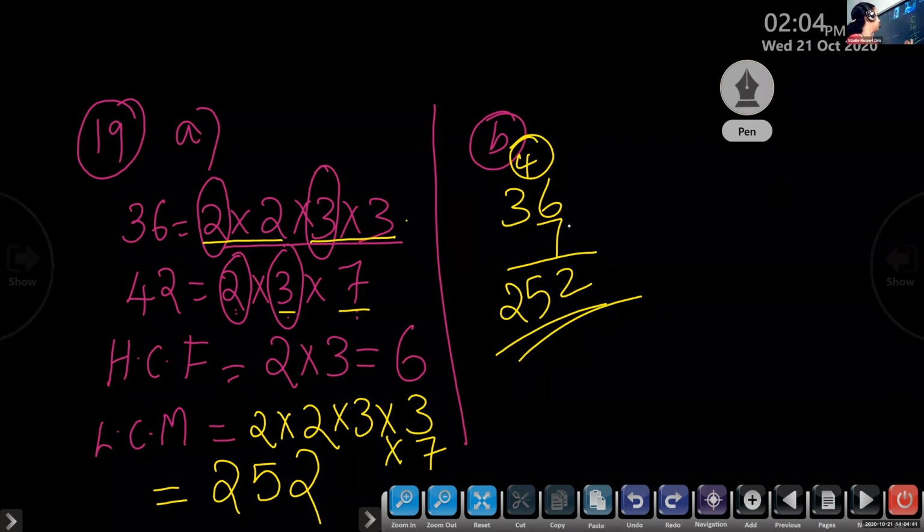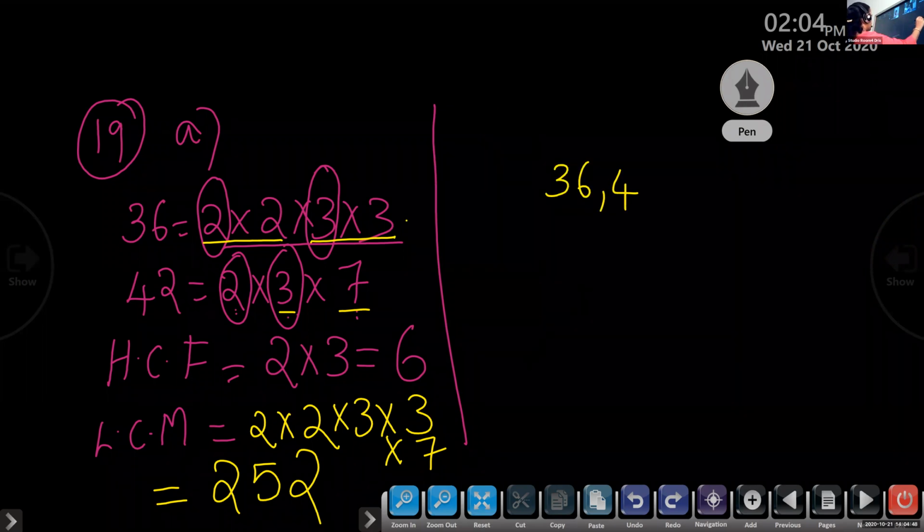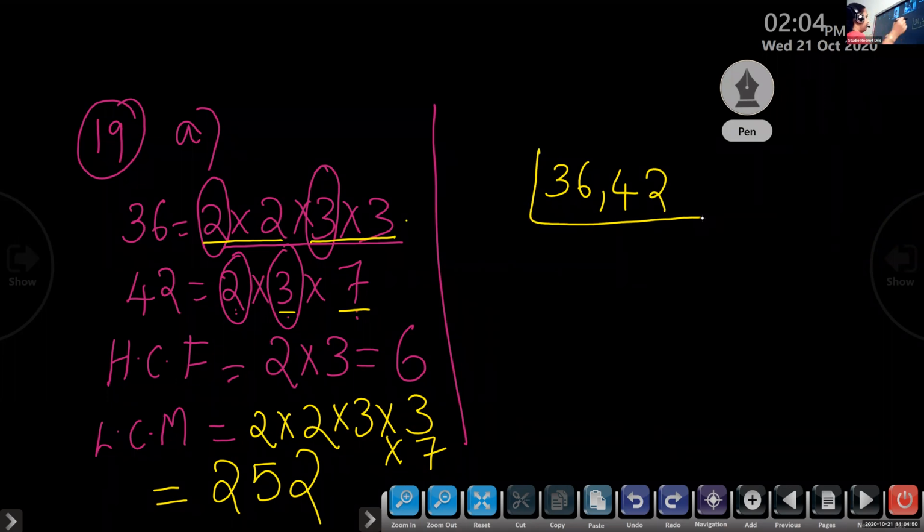I will show you that together method. B is homework, okay? Now, 36 and 42, children, Agnay and Chinmay were asking whether we can do it together. So, this together method is very important in your higher classes. So, 2 into 18 is 36, and here 2 into 21 is 42.